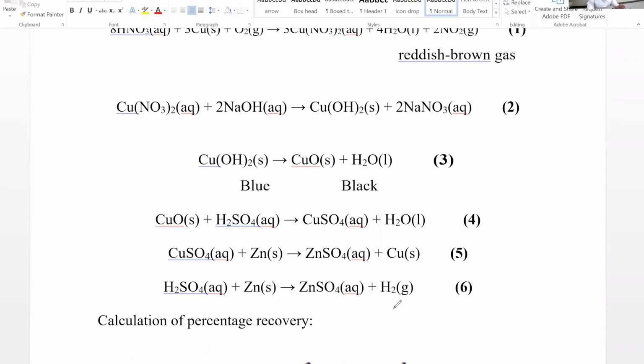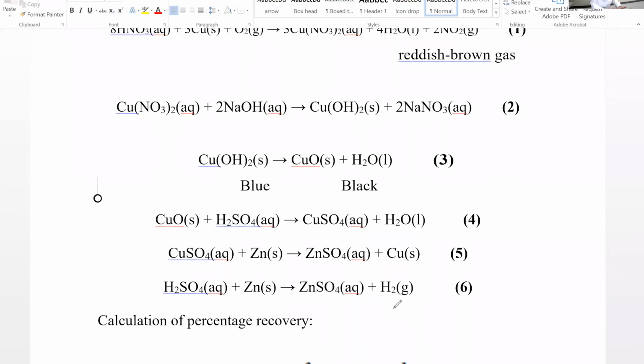So you learn a lot of washing, decanting, and filtration, of course. So you would learn about all those techniques, and you also learn about different types of reactions.